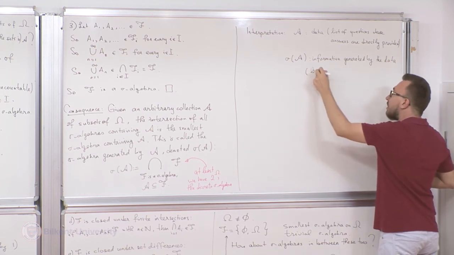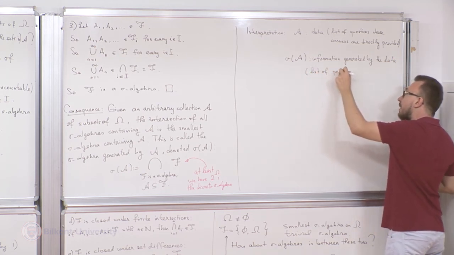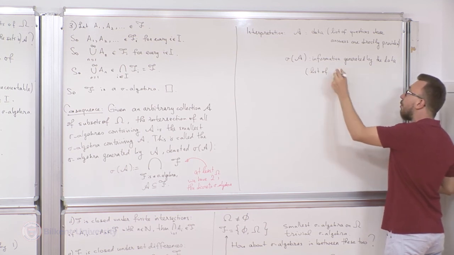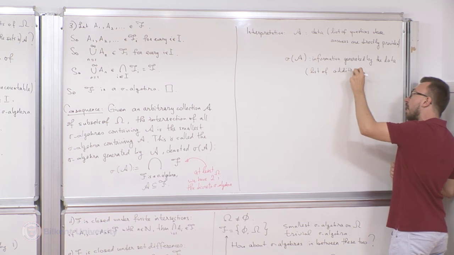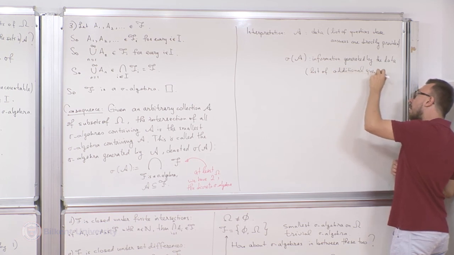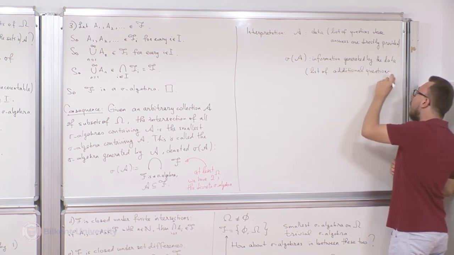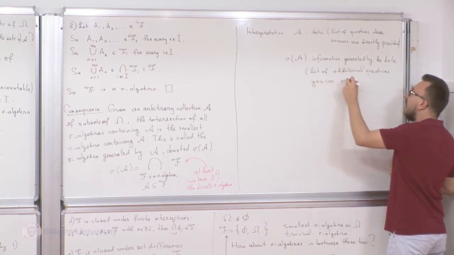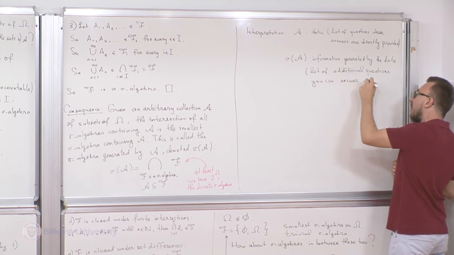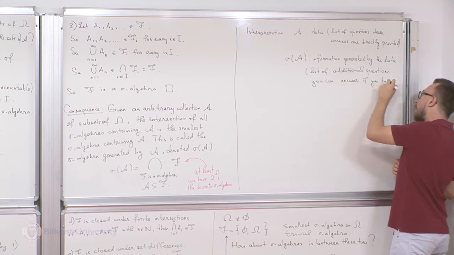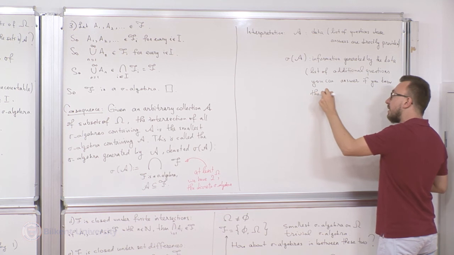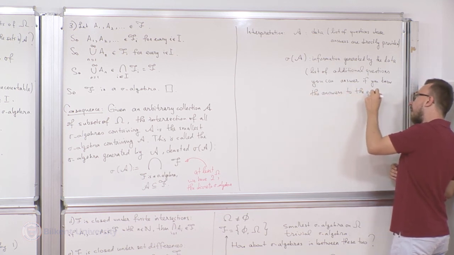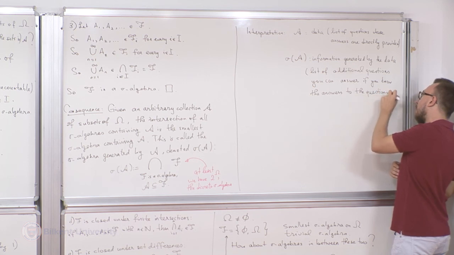Meaning that list of additional questions you can answer if you know the answers to the questions in A.